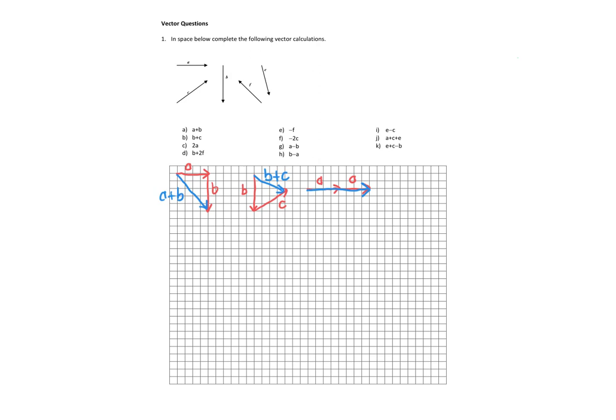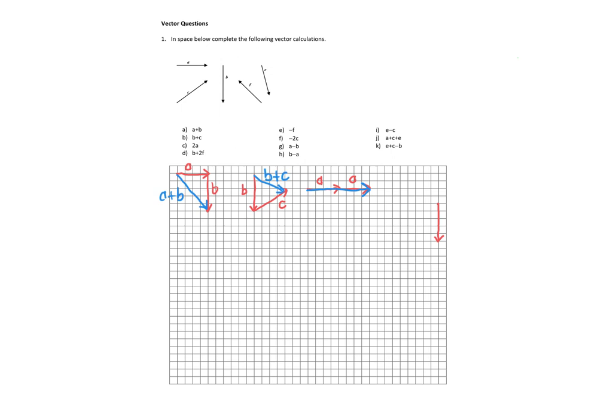Then we have B plus 2F. You've got to be a little bit careful how you draw these. So I'm just going to start maybe down a bit, and I'm going to go B, which is 1, 2, 3, 4, 5 squares down. And then F, which goes 3 and 3.